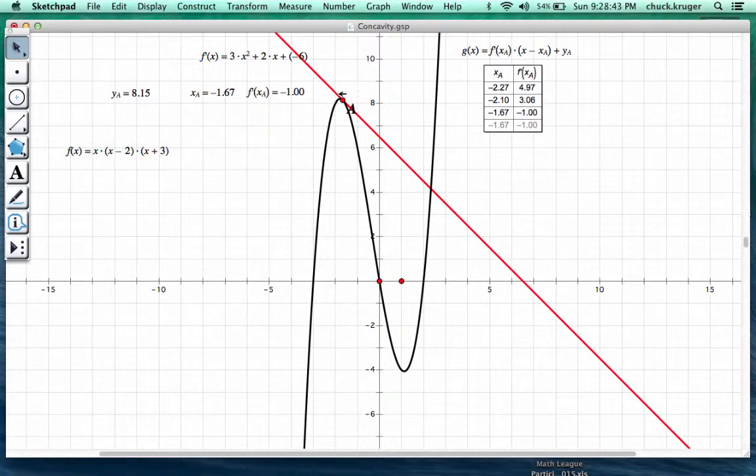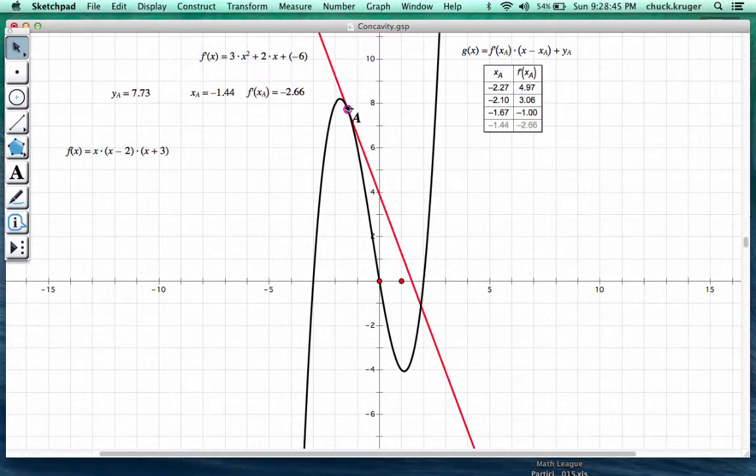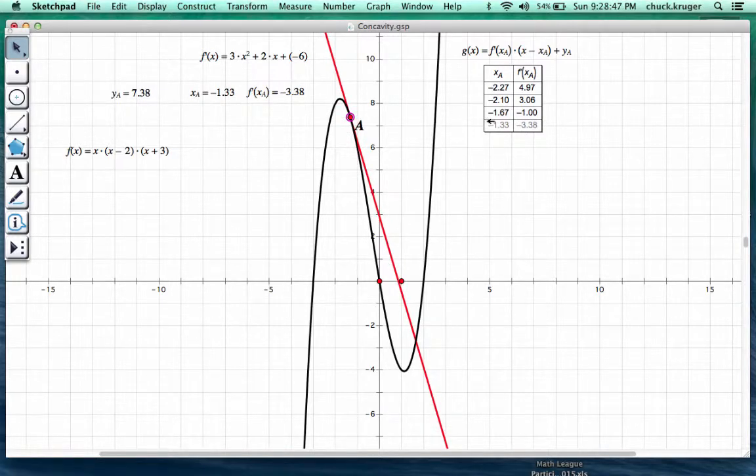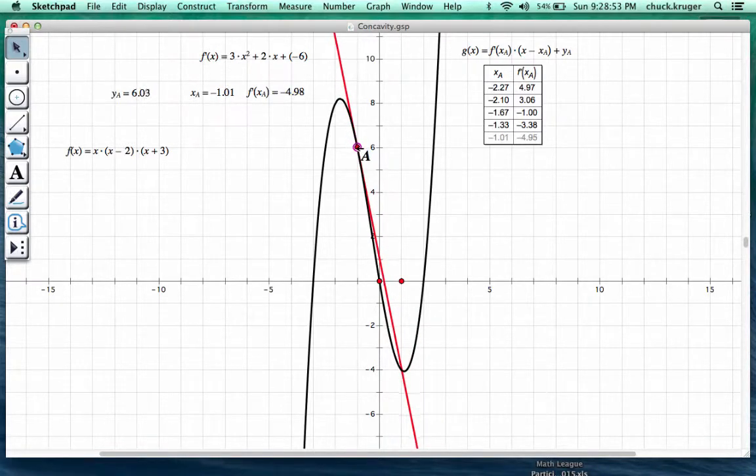I'm going to move it a little bit more. I'm going to drop it a little bit more. You see, I'm getting more and more negative. And this is also where my tangent lines are above the line.